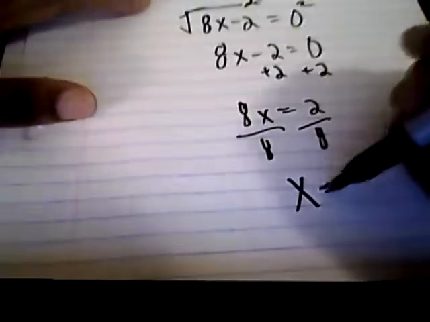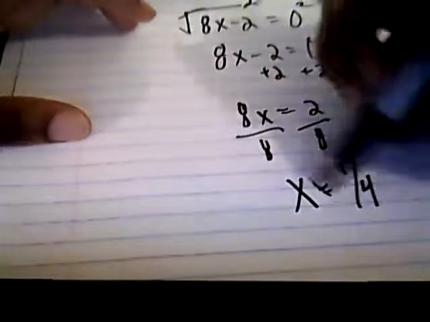We add 2 to both sides. Get 8x equals 2. Divide both sides by 8. Now you have x is equal to 1/4. But we will not have equal signs because we have a radical. When we have a radical, we will be using greater than or less than.